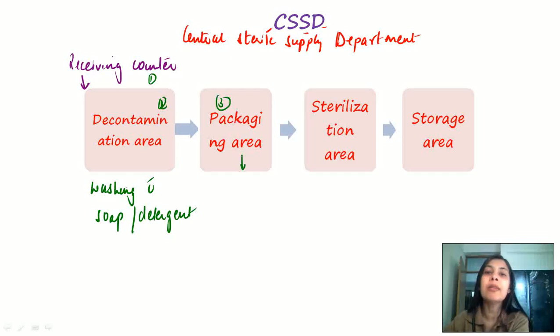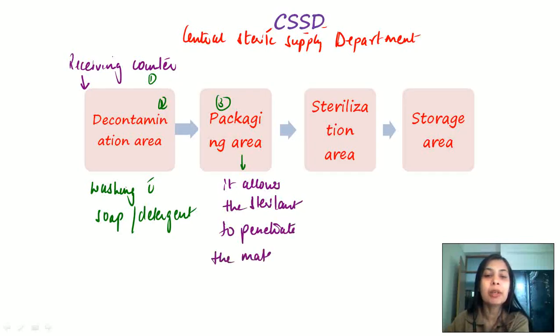Here the materials are packaged so that it allows the sterilant to penetrate the packaging material. That is the purpose of the packaging. And after packaging is done, we are finally sterilizing it in an area called the sterilization area.